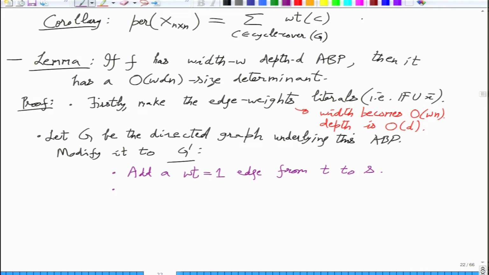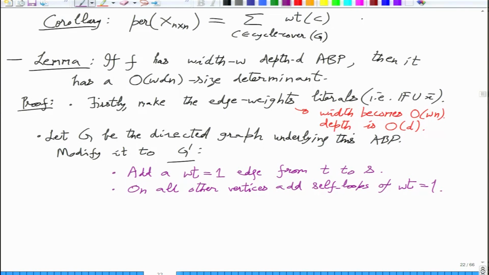So what will you do with the vertices that have not been used? Exactly, that's the other thing. On all other vertices, currently we have only added one reverse edge from T to S, and for all the other internal vertices, add self loops of again weight 1.